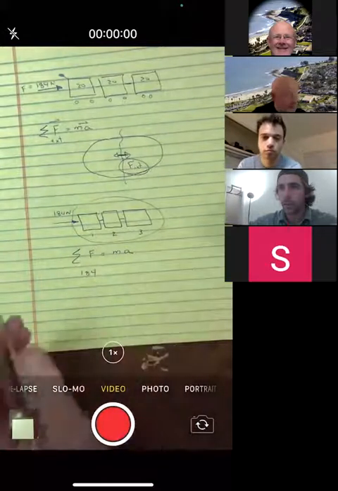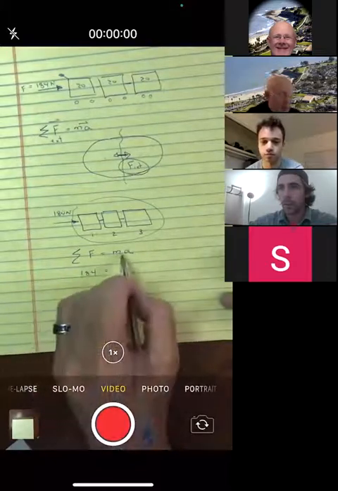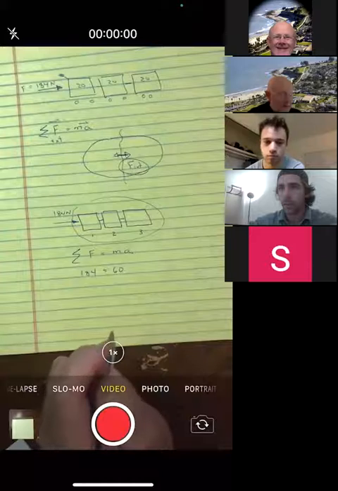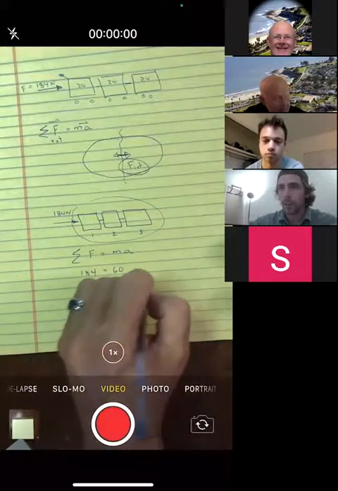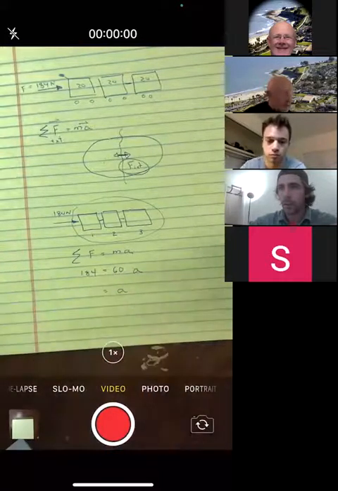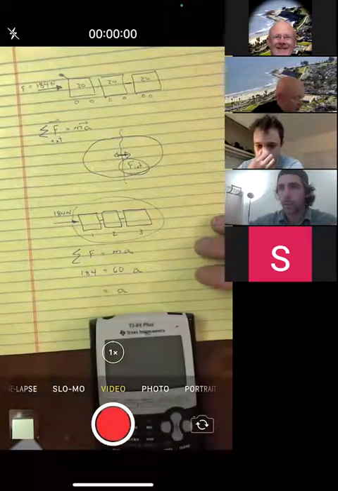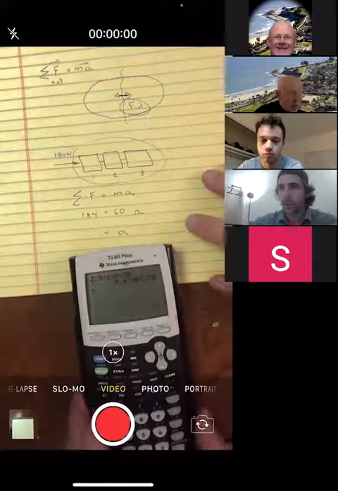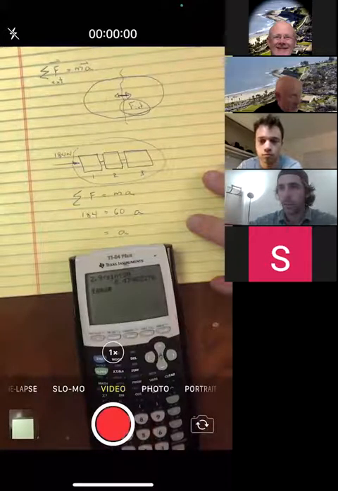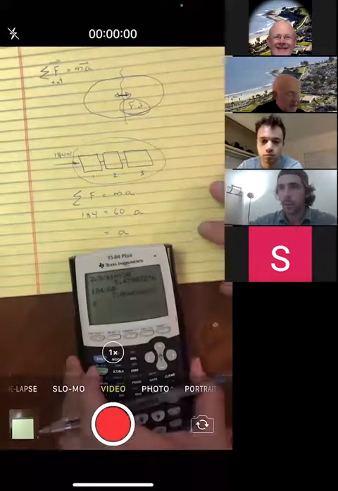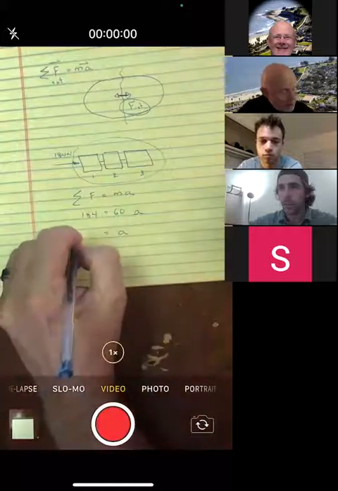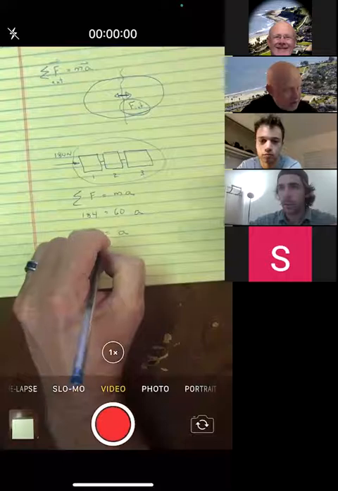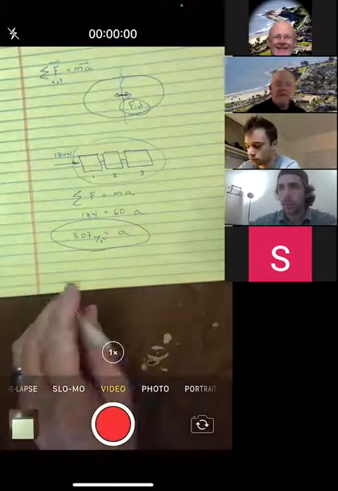Those are internal. Now, the mass would be the 3 of them, so a mass of 60. This is the part of the hint that says do the acceleration first. I take my calculator and go 184 divided by 60, and I get a hair over 3: 3.07 meters per second squared would be the acceleration.